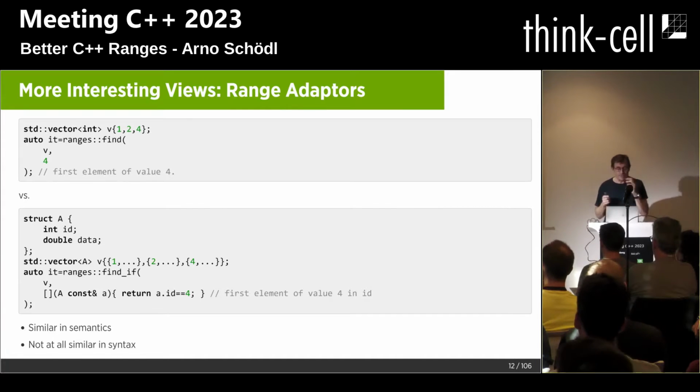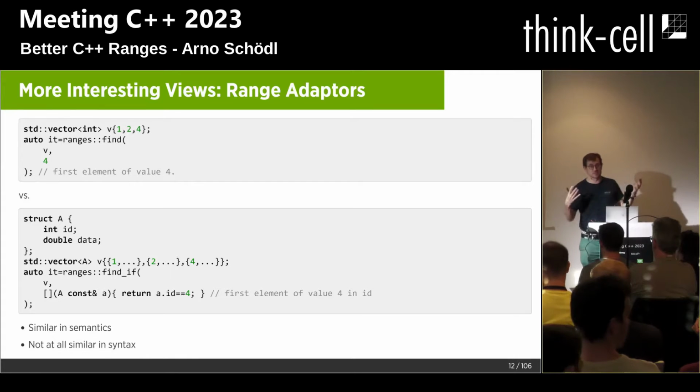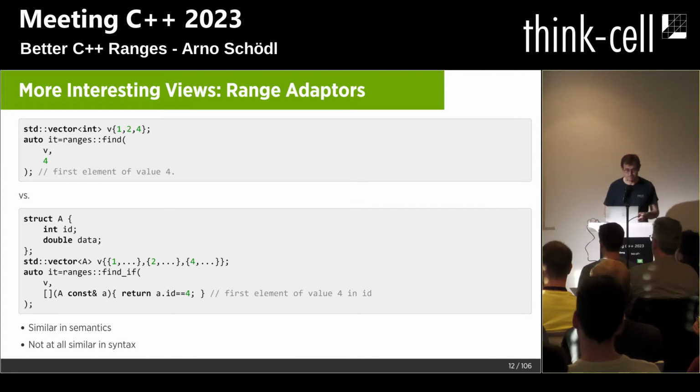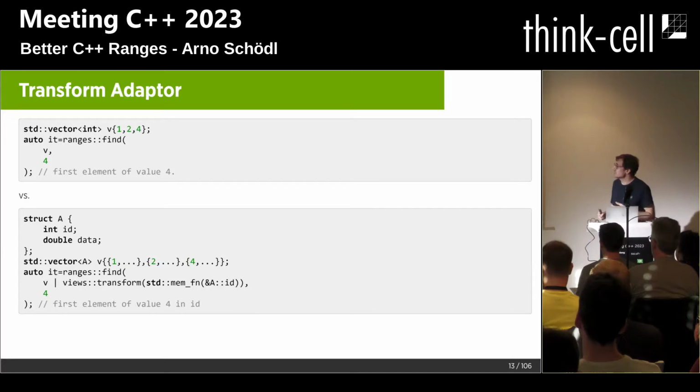And really the problem here is that we munch two things together. One is the projection onto the ID, and the other thing is the finding of the 4. These are two different aspects, really, that we should be able to pull apart. That's why there is a transform adapter, where you first basically take the vector of A's, and you transform it into a vector of ints, and you do that lazily.